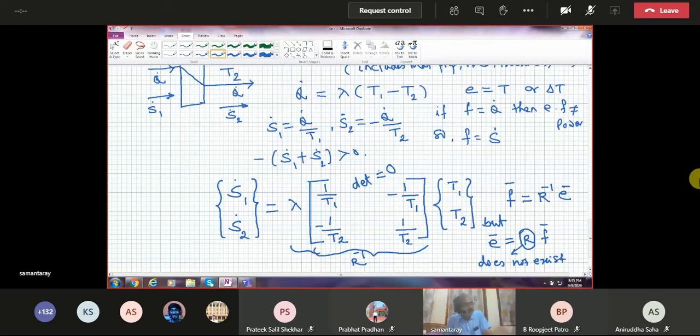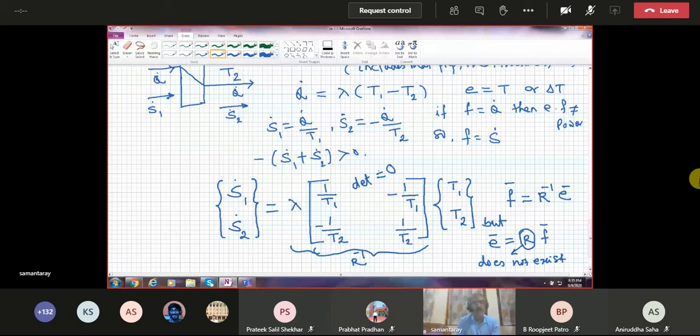With that flow rate, you can find out the pressure difference, but you cannot find out the absolute values of pressures. You can only find the pressure difference. Likewise, here you can find out delta T, but you cannot find the values of T1 and T2 themselves.